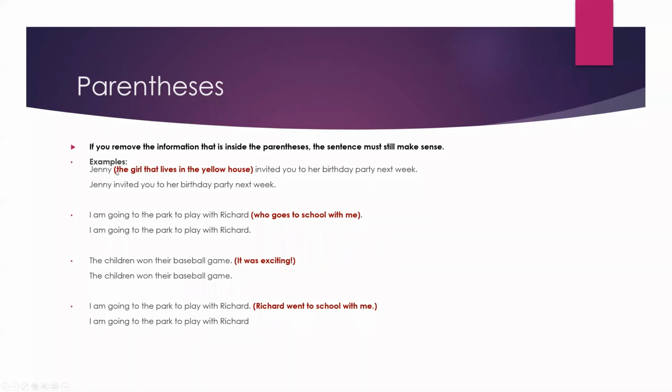Now, why did we add then the information within the parentheses? It really depends on the context and the writer. But if you notice here, it is adding information that can be helpful. So the issue here is really all about being helpful. Okay, is the information adding something to the reader, adding something like context, etc.? If you add context within the parentheses, then you are using them correctly.